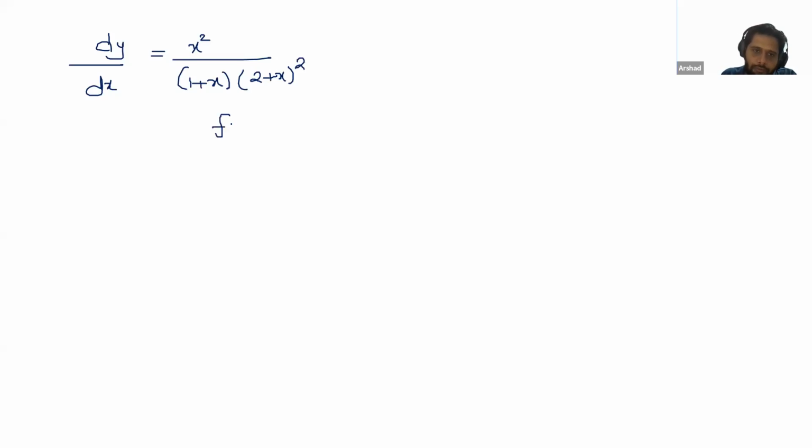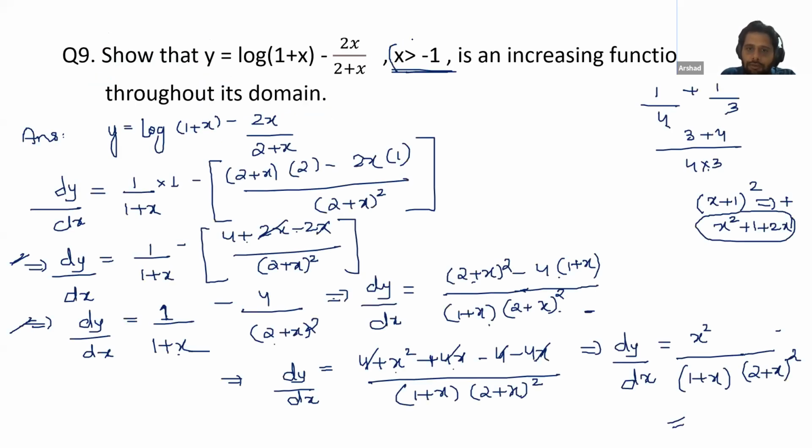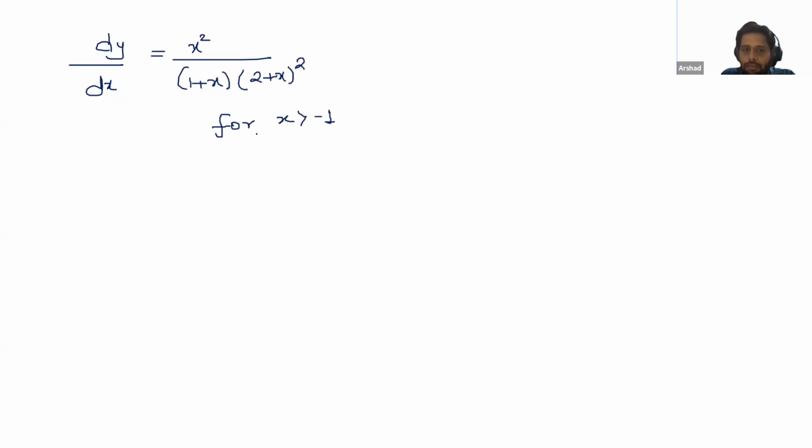Okay, for x greater than minus 1. In the question, they are saying that for x greater than minus 1, this should be increasing. So we will analyze one by one. We have 3 expressions here. For x greater than -1, consider 2 plus x whole square.